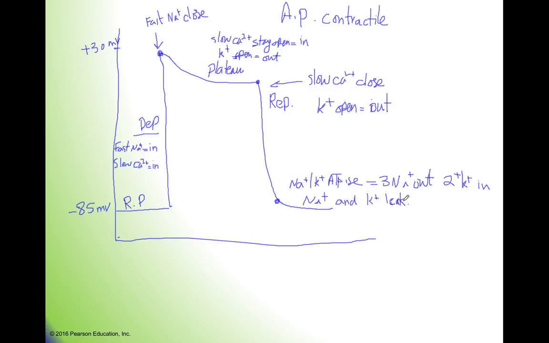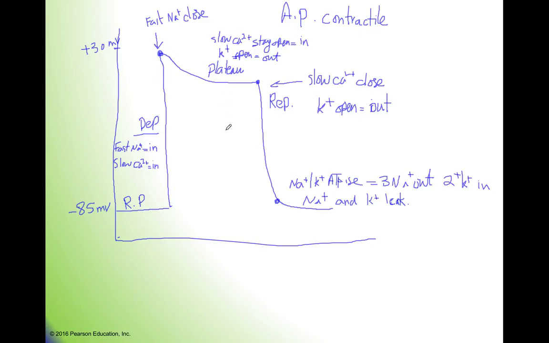We have resting membrane potential, significant depolarization that is mainly driven by sodium coming in and a small calcium also coming in. At positive 30, sodium channels are going to close up, but potassium is going to open up, allowing potassium to leave, and calcium channels are going to also stay open.